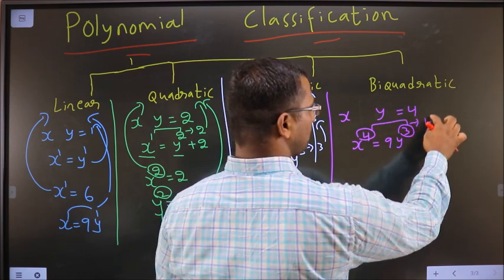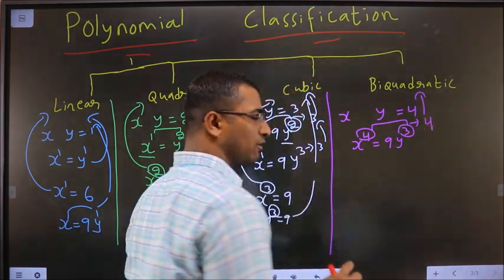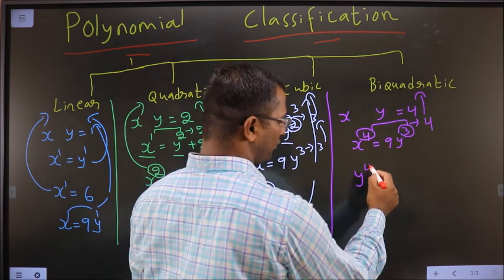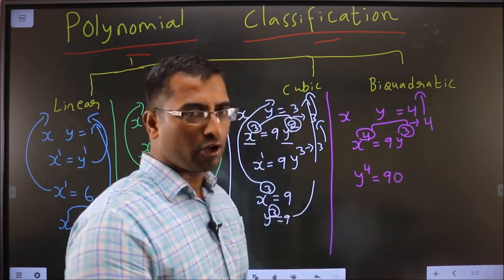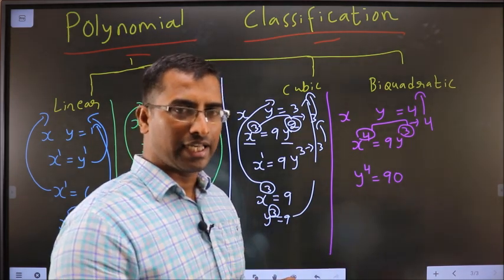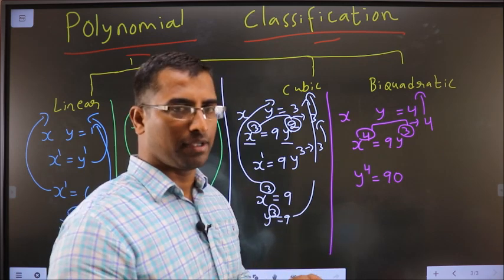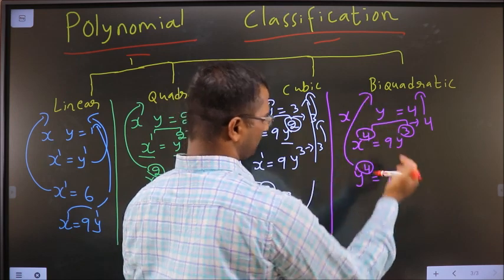Highest of the two is 4, so it's called biquadratic. Let us say y power 4 equal to 90. Only one variable is present, not necessary both are present. Okay. Whichever variable is present, on those variables highest power should be 4. So here it is 4, so biquadratic.